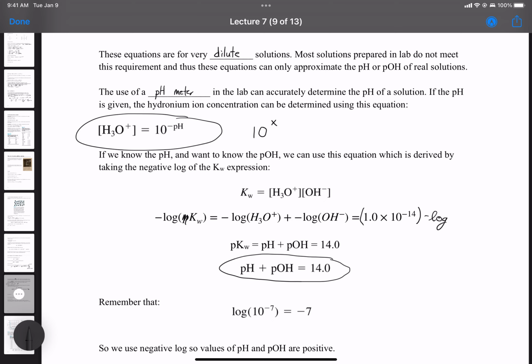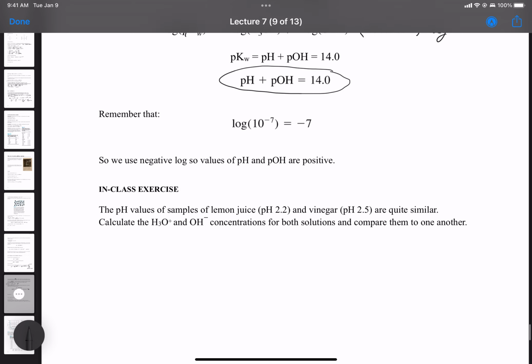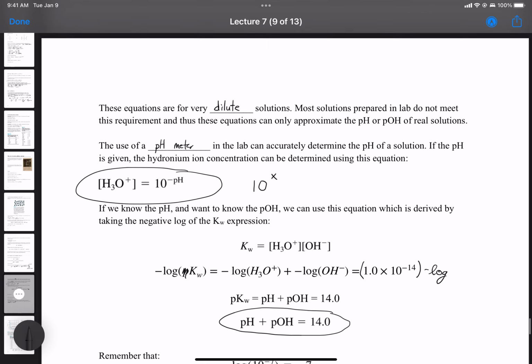So we know that the H3O+ concentration equals 10 to the negative pH value. We take our negative pH value and raise 10 to that power, like so.